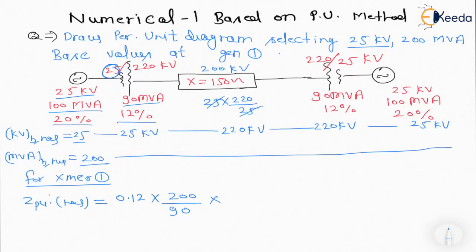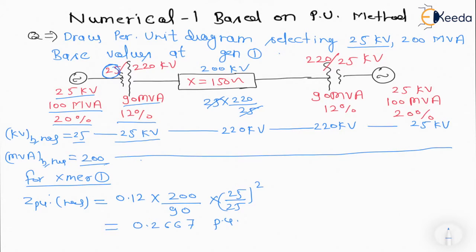Now we have to calculate it on a 25 kV base voltage and 200 MVA base. With the old value 25 and the new value 25, this comes to 0.2667 per unit. So this is for transformer number 1.